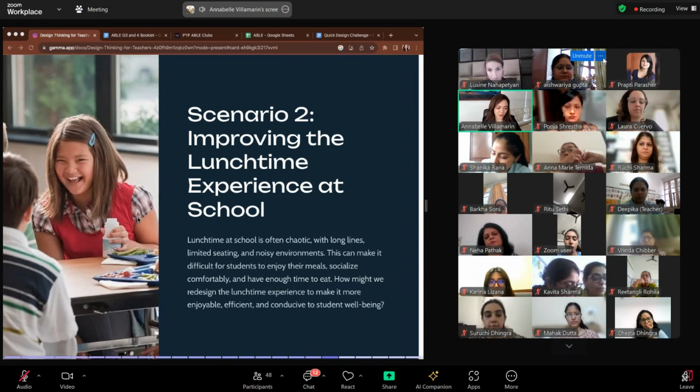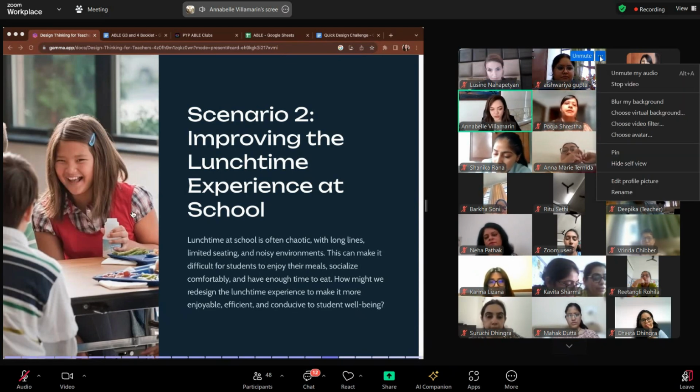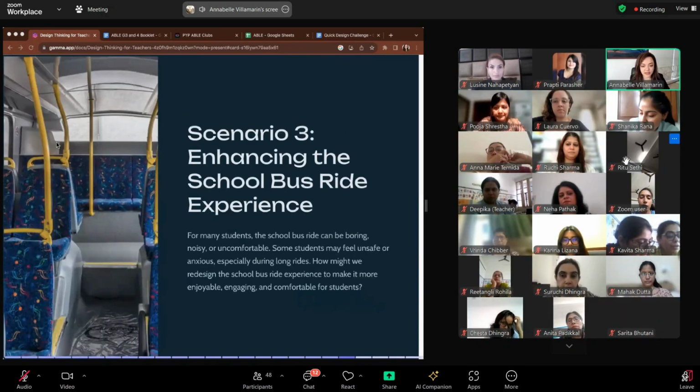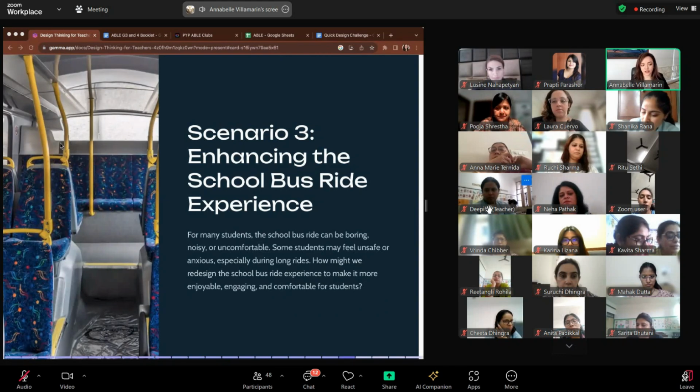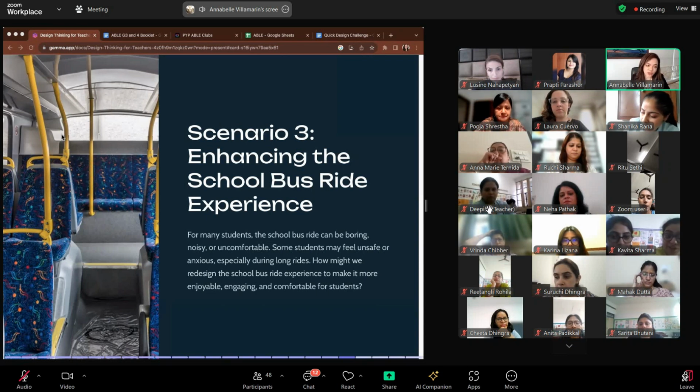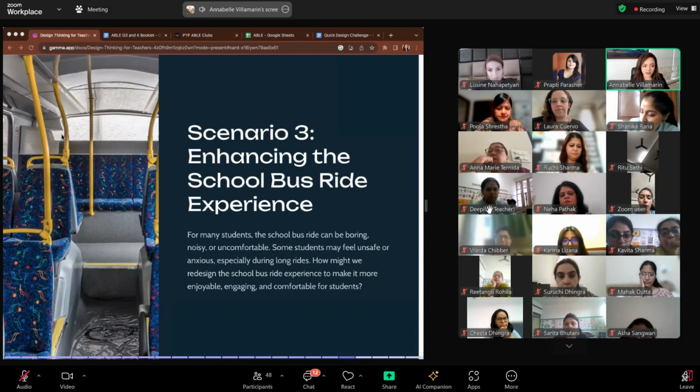That will be your task for scenario number 2. And finally, scenario number 3: you are to enhance the school bus ride experience. For many students, the school bus ride can be boring, noisy, or uncomfortable. How can you make it more enjoyable, engaging, and comfortable for our students?